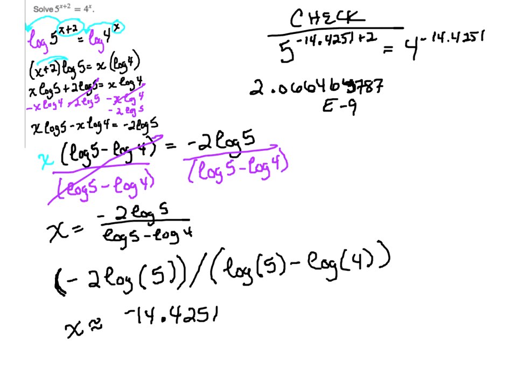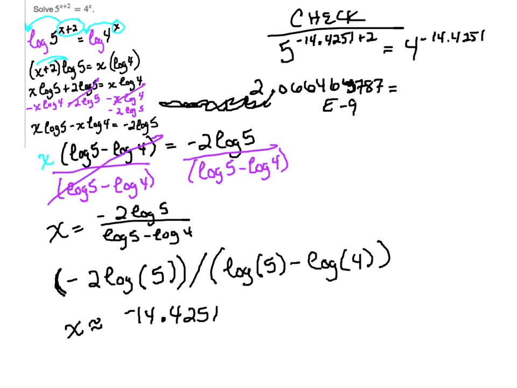That means you'd have to take your decimal place 9 places to the left. So this is a very, very tiny number. And let's see what I get when I do 4 raised to, hang on just a second, 4 raised to the negative 14.4251.